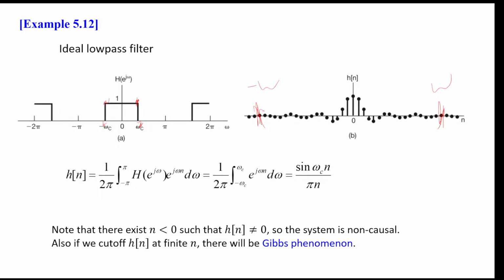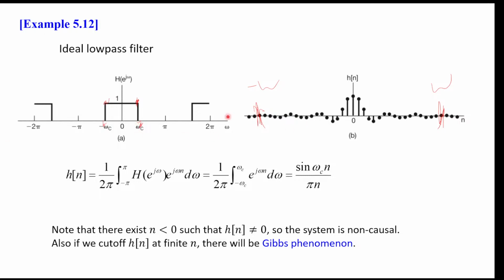Okay, and now we can talk about some things here. So first, note that h of n has a non-zero value for n less than 0. So you see that this is not causal.